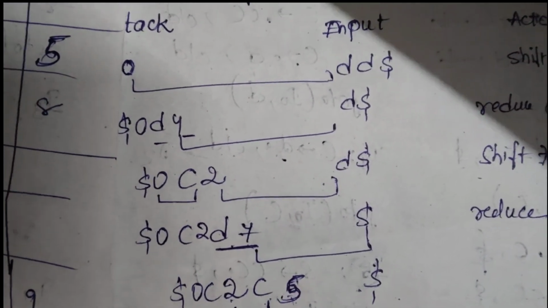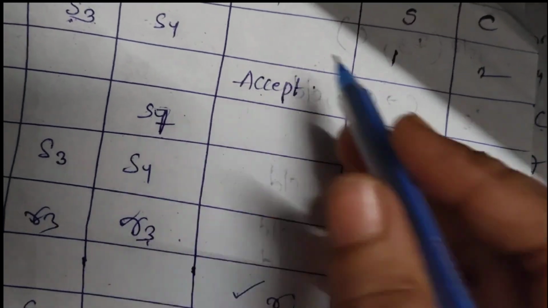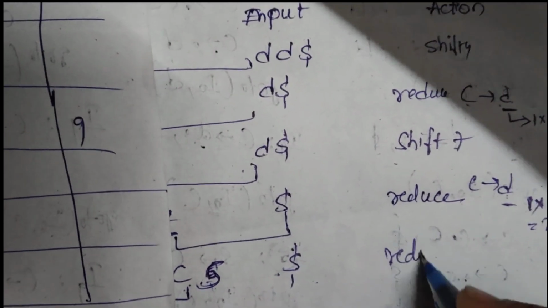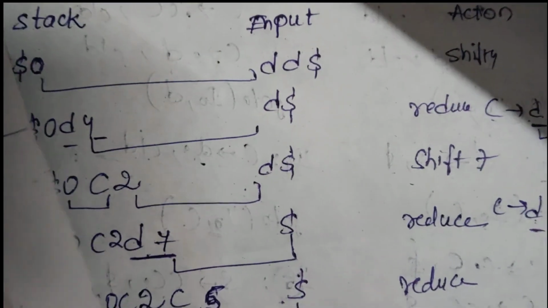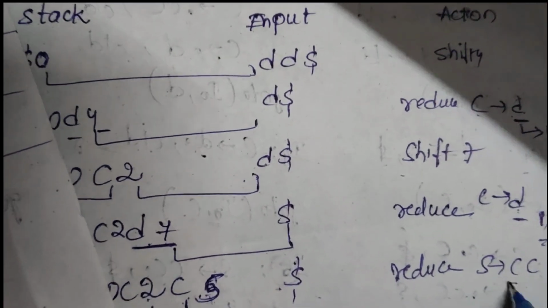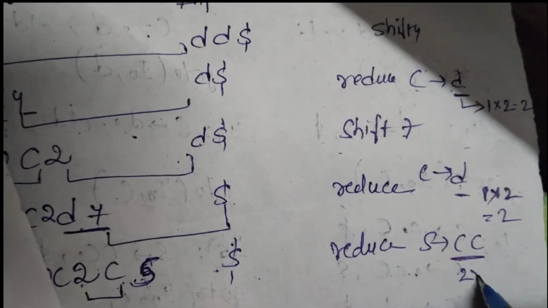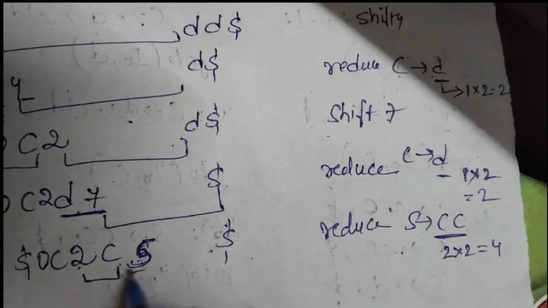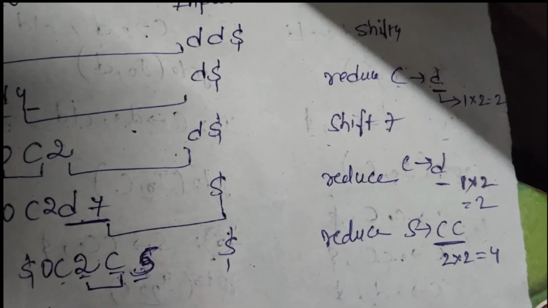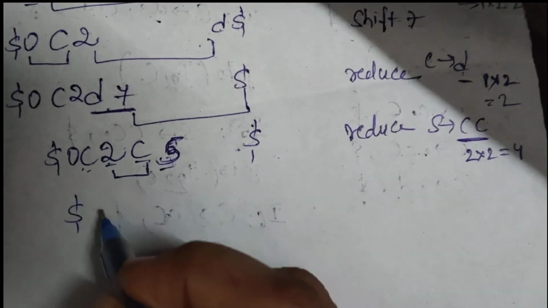Now 5 and dollar. What is 5 and dollar? 5 and dollar is reduce R1. Means reduce. What is 1? This is the first production, right? So capital C produces CC. 2 elements there, so 2 into 2 is 4. We need to pop 4 elements. So 1, 2, 3, 4. We need to pop up to here, 0.